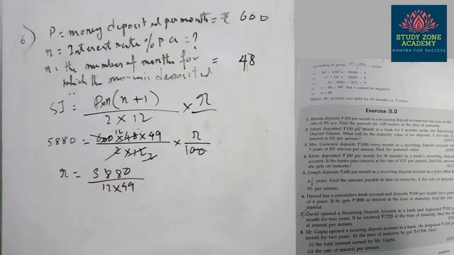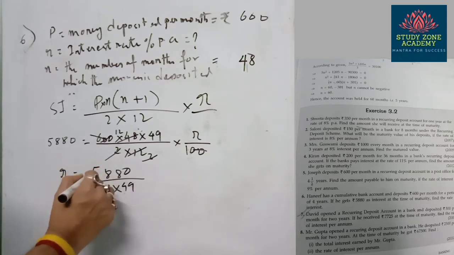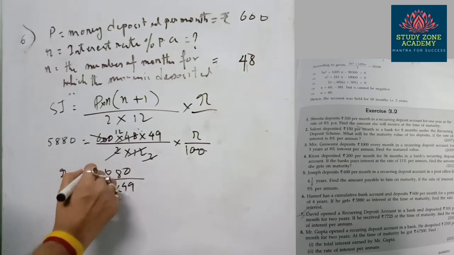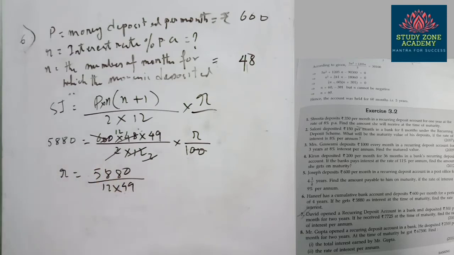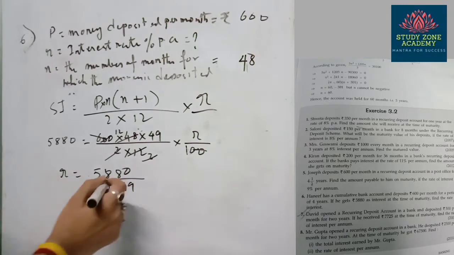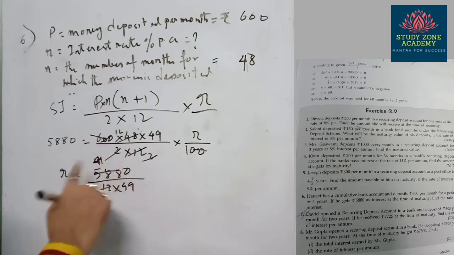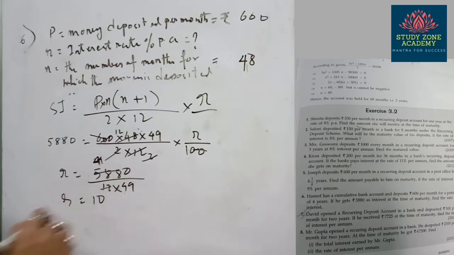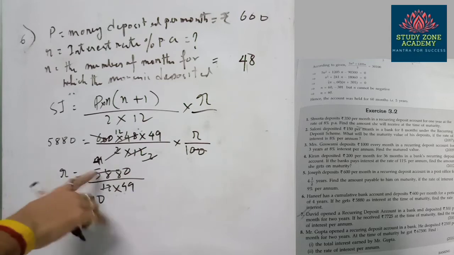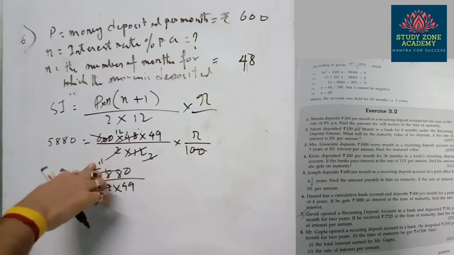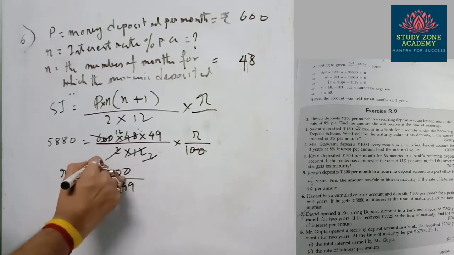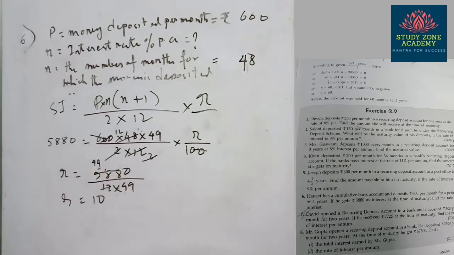I want to calculate. It's not a big calculation, I will be able to do it. 5880 by 12 into 49. Let me calculate once more. It's 49. Yeah, sure, fine. So the rate we are getting is 49.